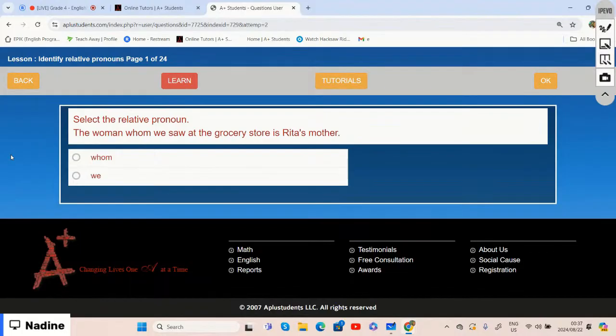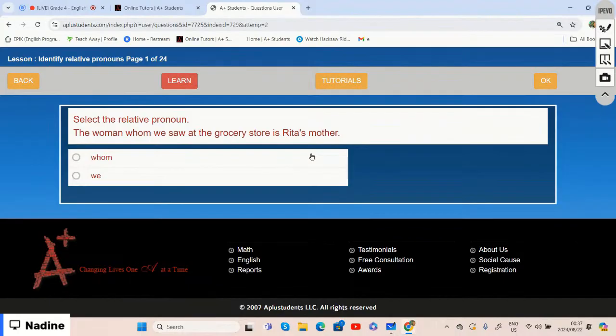And if we were to select the relative pronoun, guys, remember, relative pronouns are like you are putting things together, right? We have our dependent clause, and instead of saying it again, we can use words like whom, that, which, who.